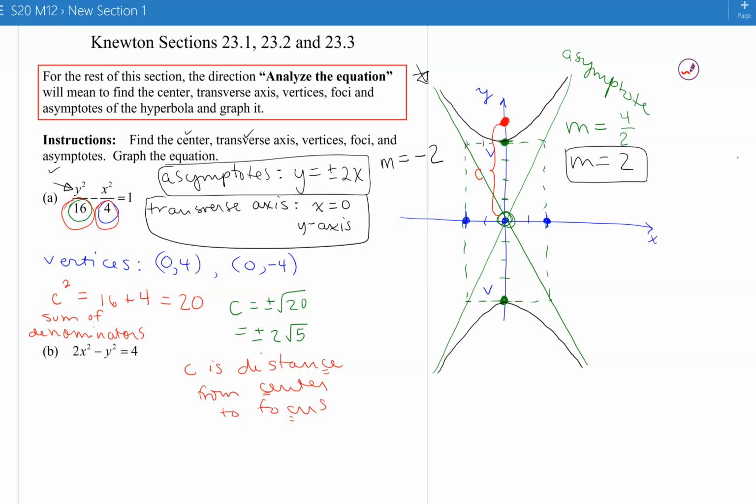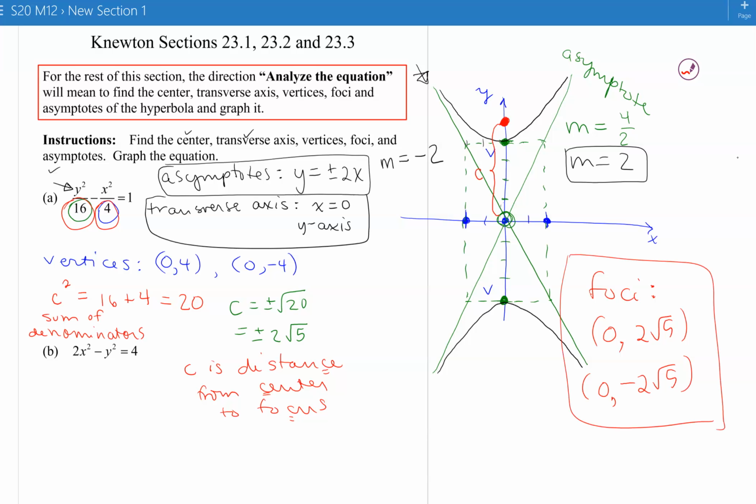So we know that's 2 square root of 5. So the foci are going to be found at (0, 2 root 5) and (0, negative 2 root 5). And when we allow the center to shift, you'll see that you are just going to add and subtract 2 root 5 from whatever the y coordinate of the center might be.